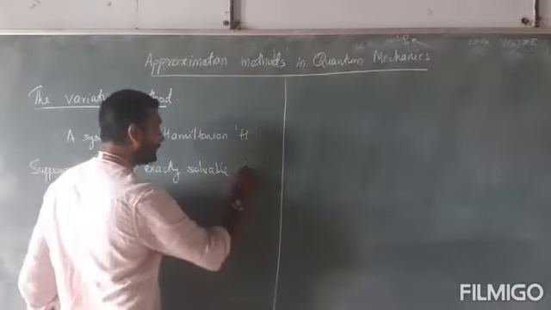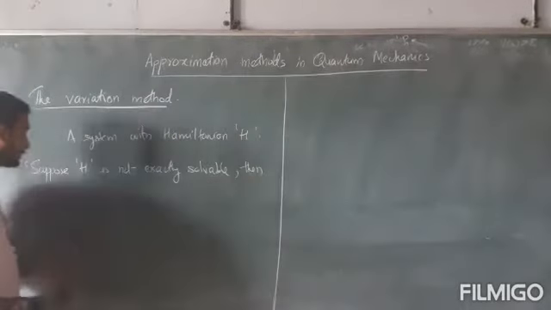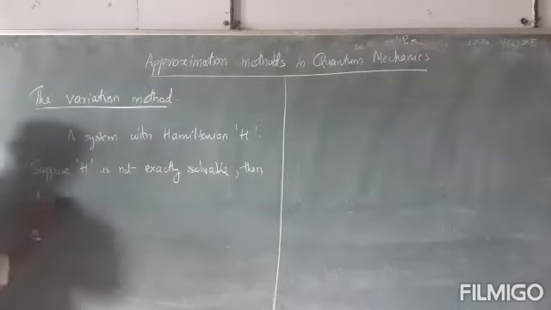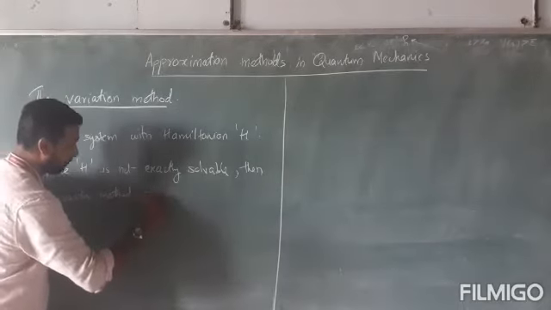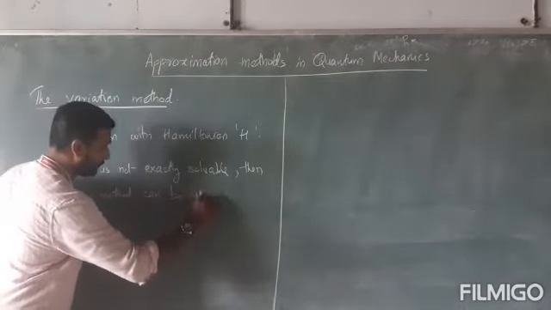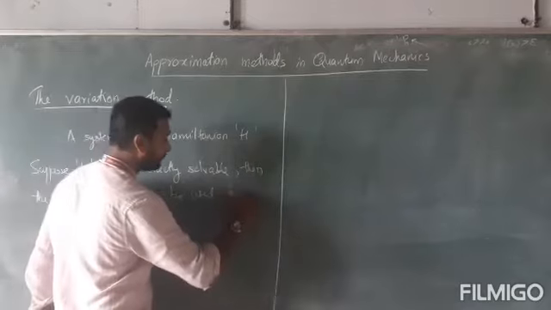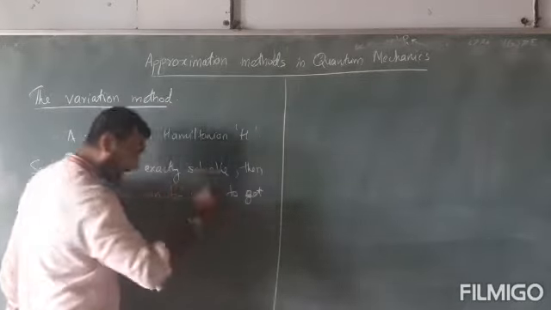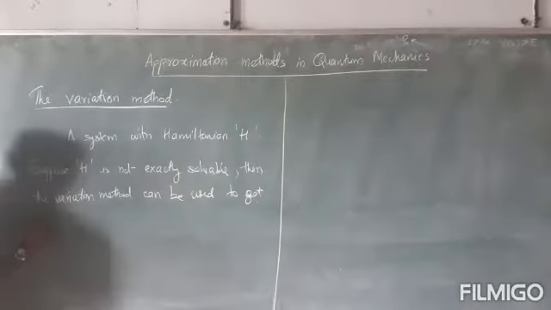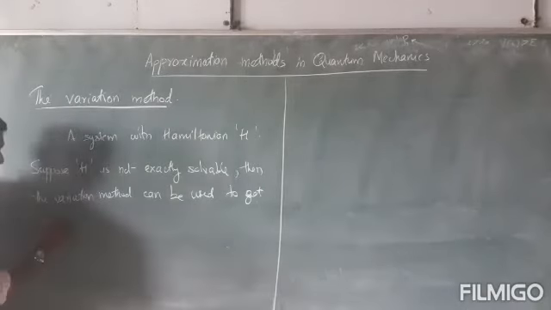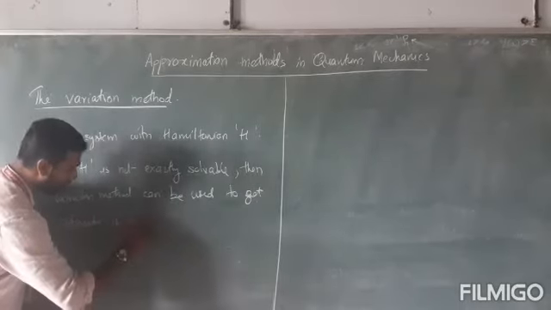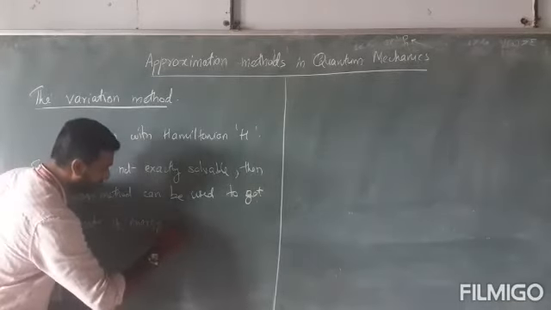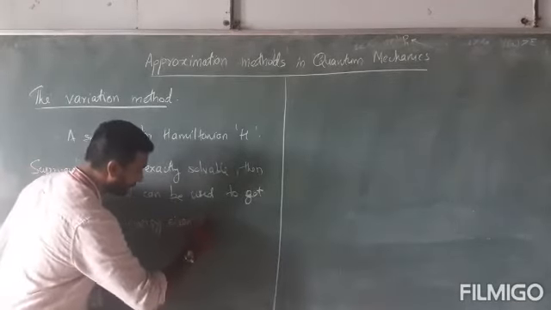Then the variation method can be used to get an estimate of, because we will not get the exact value, so an estimate of energy eigenvalues.